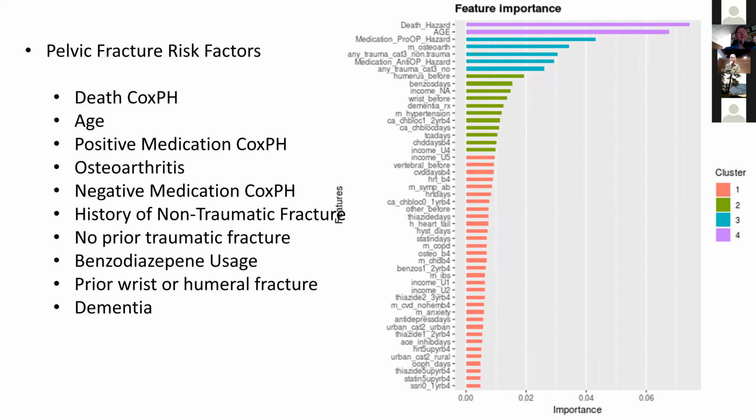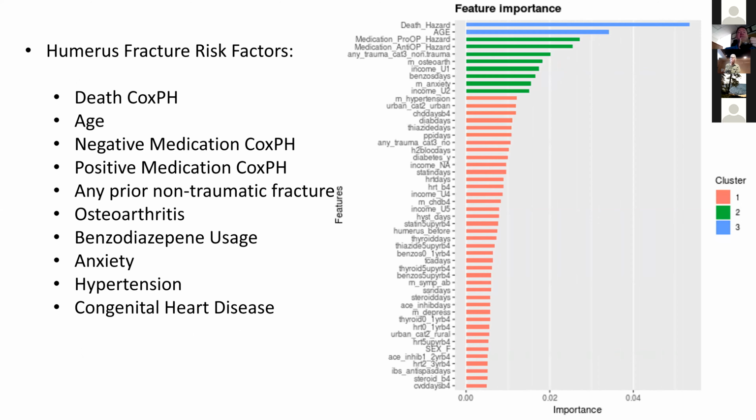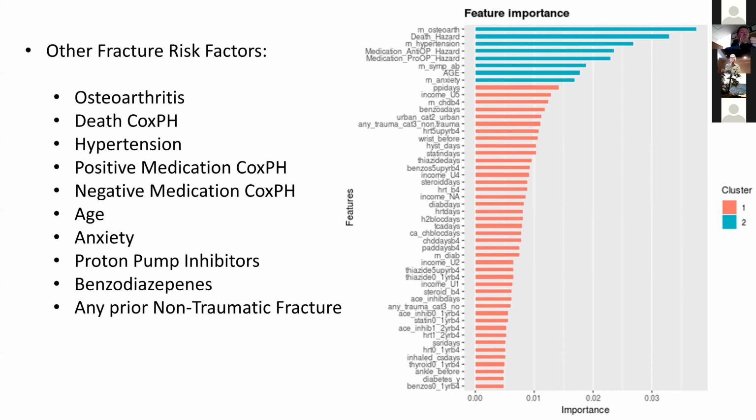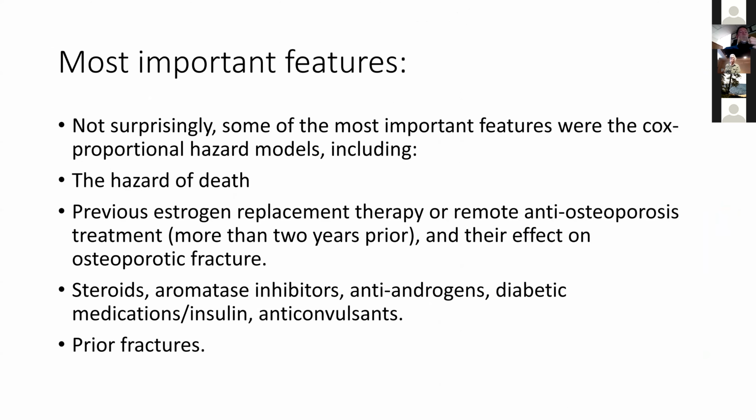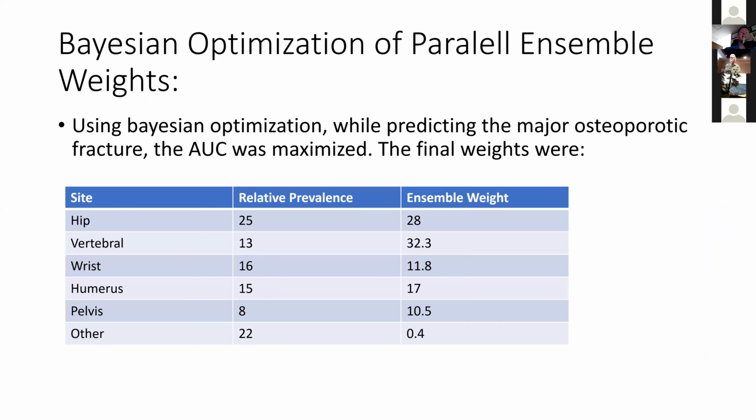Anyways, the long story short of it is that you have different breakdowns for all of the different fracture types for what is the most relevant variable. So then I ensembled them. So Bill's question was, would the ensemble just find the relative prevalence of each fracture type?